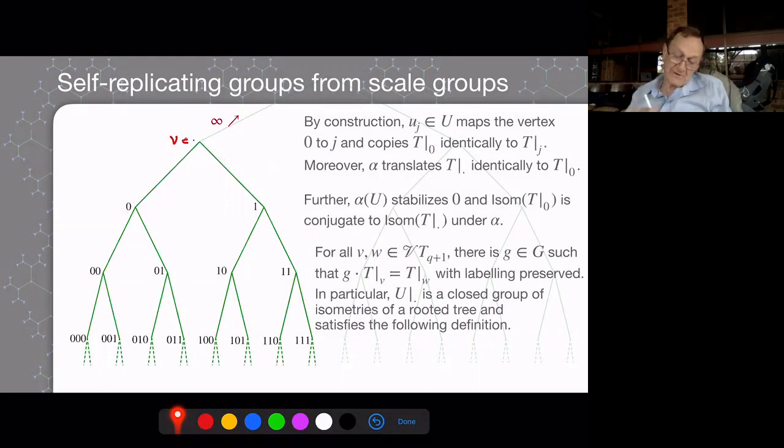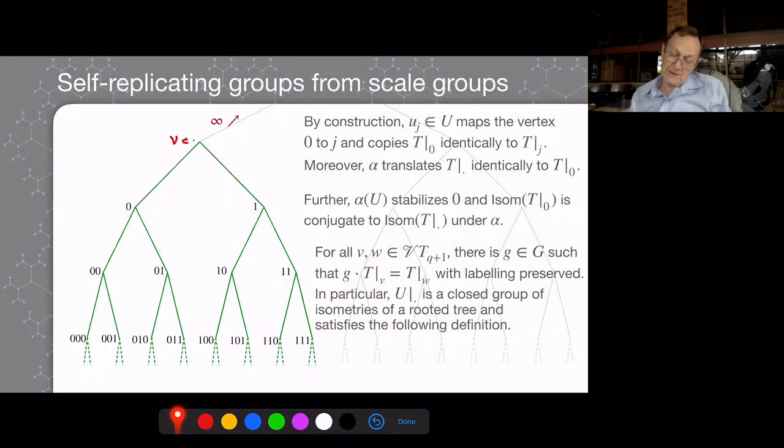Right. Yes. I haven't gone through the full description of the labeling of the full tree, but we can in fact extend this labeling to the entire tree, and we see that for any two vertices in the tree, there is some element of our scale group that maps the tree below v to the tree below w and preserves the labeling.